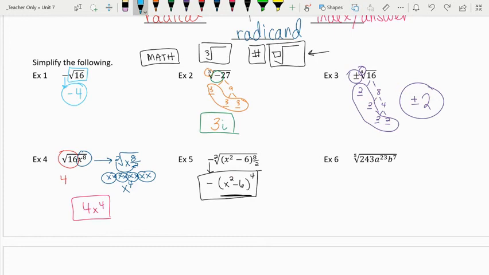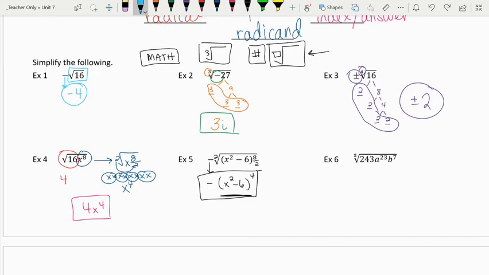All right, and then we have 243, a to the 23rd, b to the 7th. So let's first start with 243. I'm going to divide 243 by, let's see, 6?